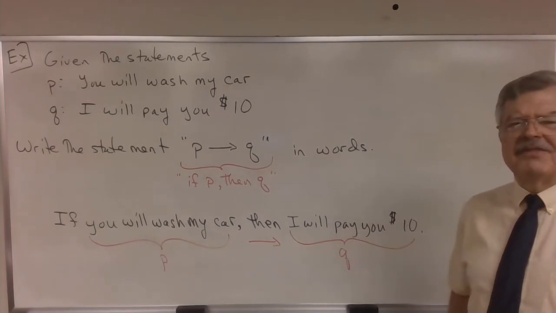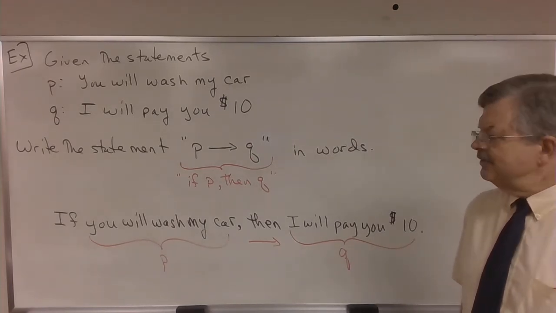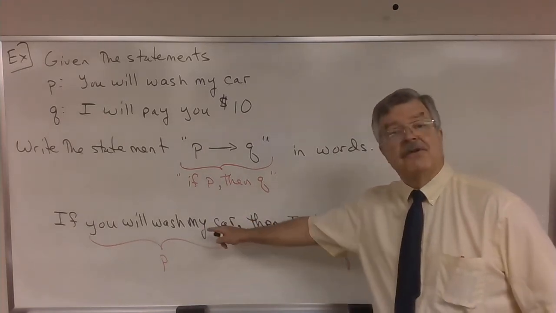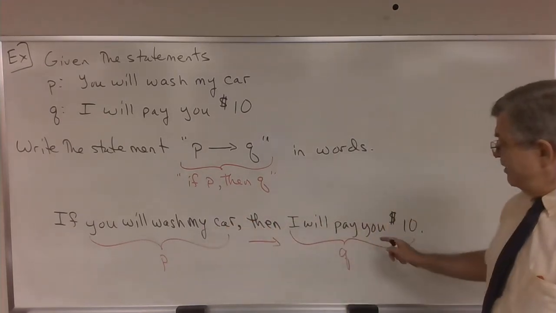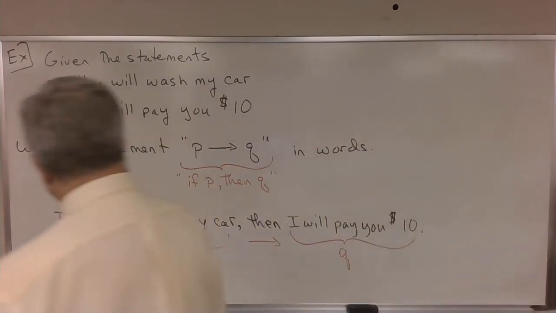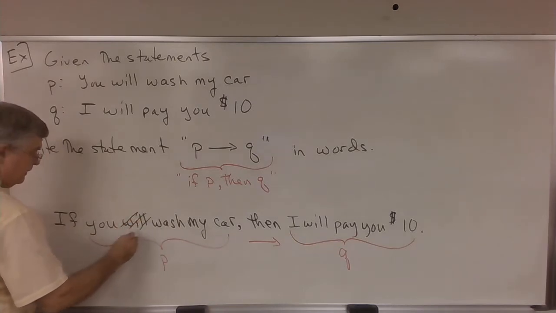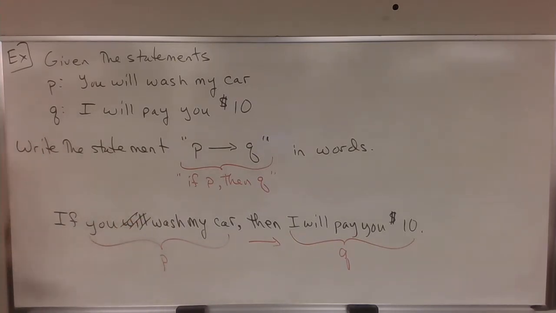This is correct, but it did sound a little awkward, didn't it? I don't think that's how most of us would say this. I think most of us would say this as, if you wash my car, then I will pay you $10. And so, for readability, I'm going to dispose of that word.